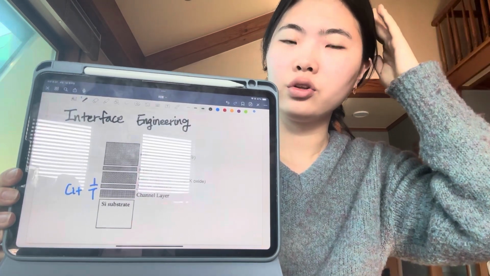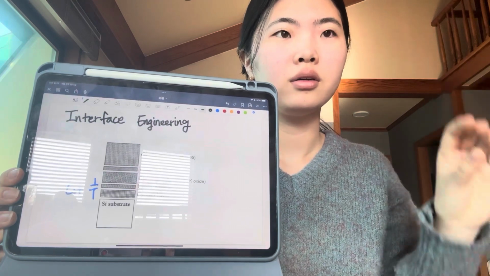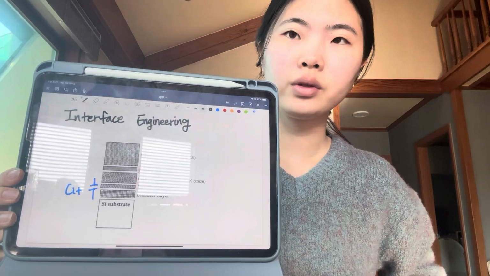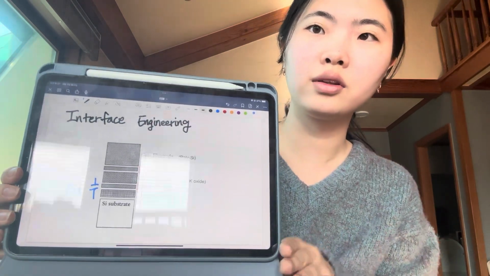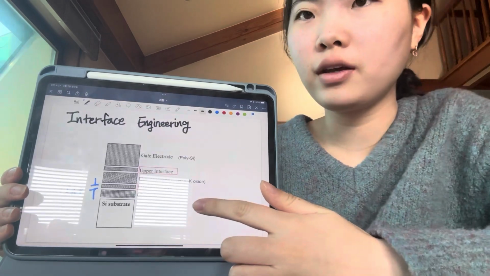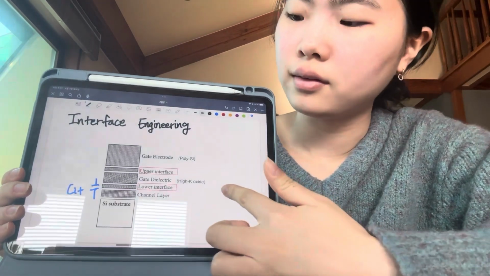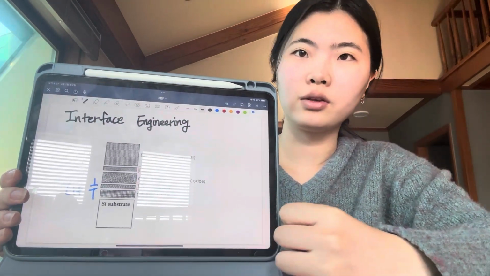So we should make a harder bonding by using the upper interface or lower interface. This is one of the methods of interface engineering.